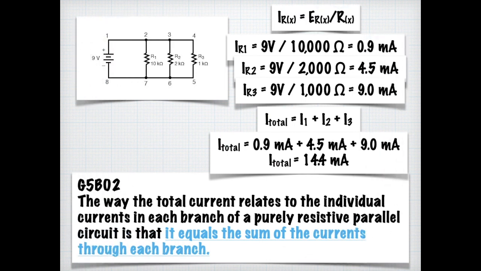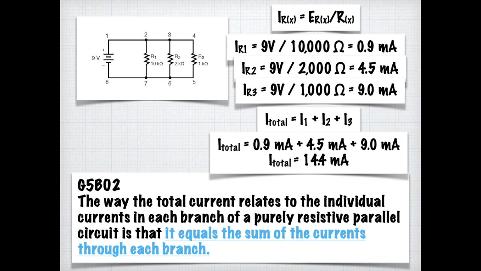Now, to calculate the total current in a parallel circuit, we use a little bit of math. In this example, we can see that there's a 9-volt battery and some resistors of various sizes. And by using Ohm's law, we can calculate how many milliamps are drawn by each resistor.